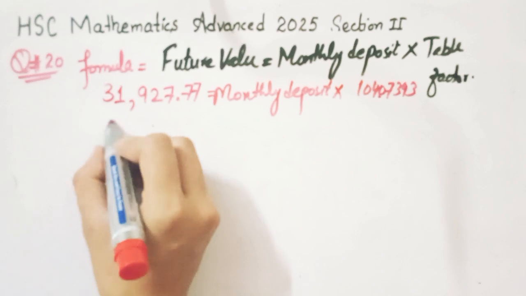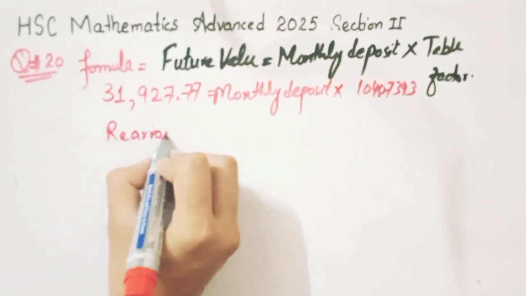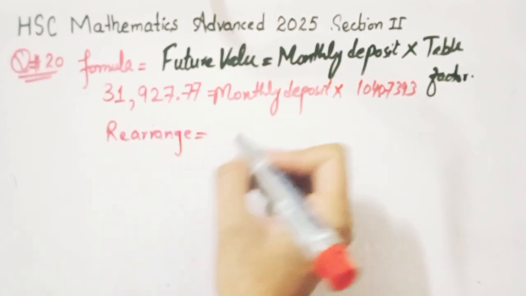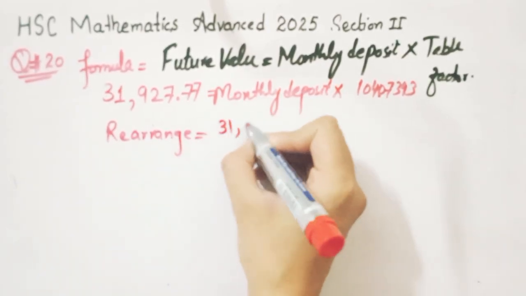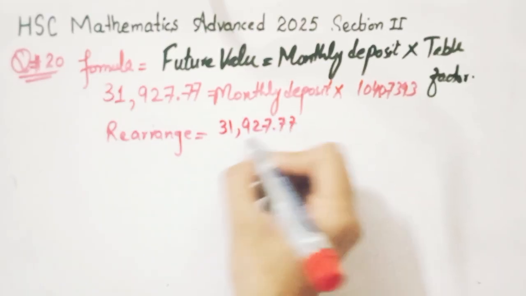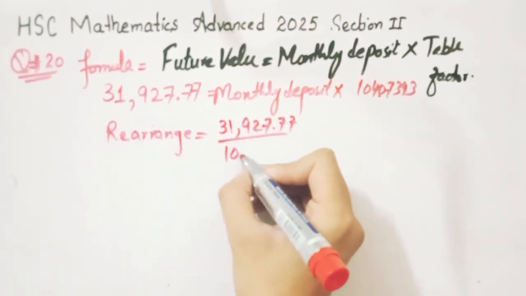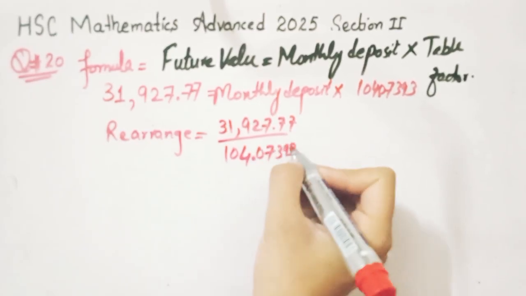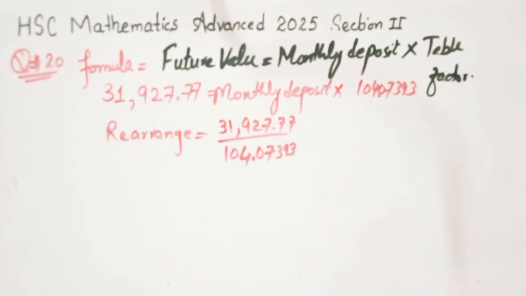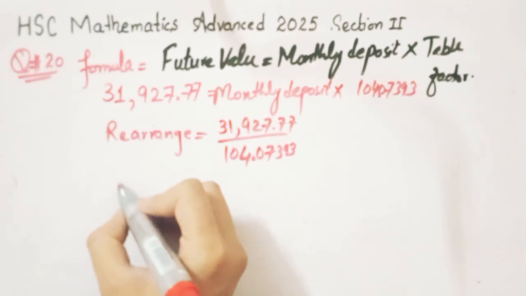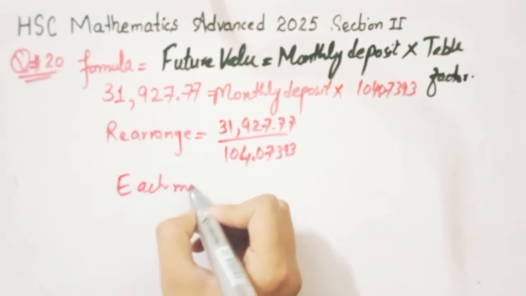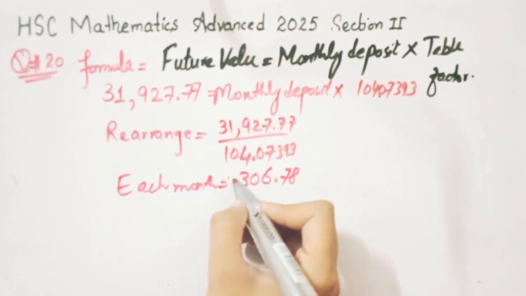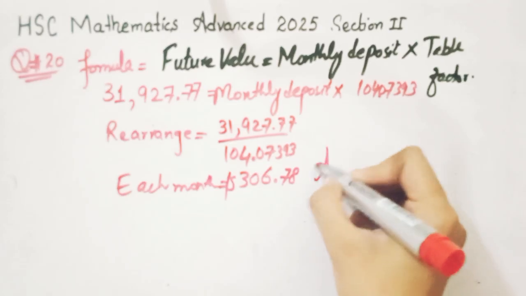Now rearrange this. You get the monthly deposit by dividing by this value. So the deposit each month will equal $306.78. So this is the answer.